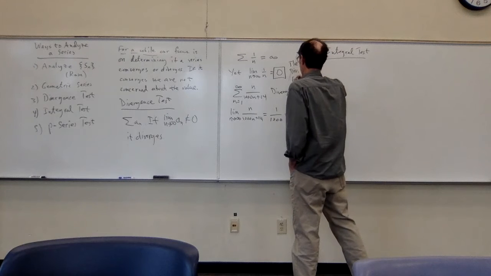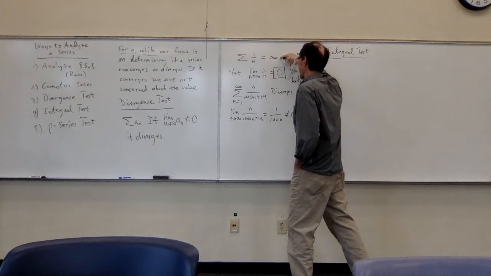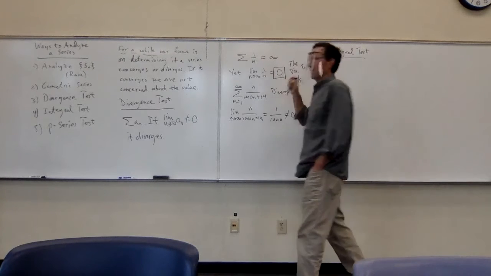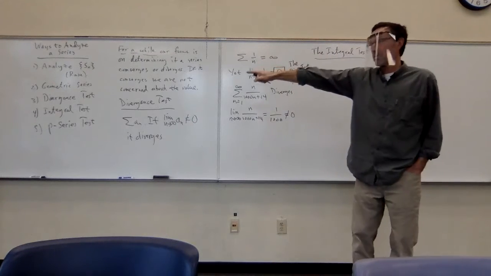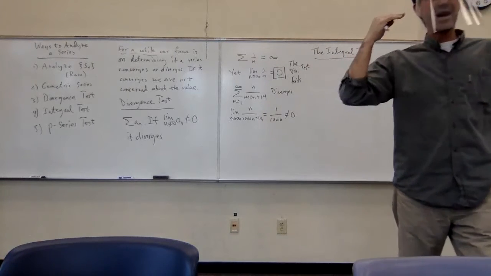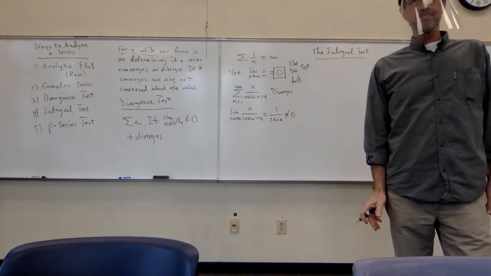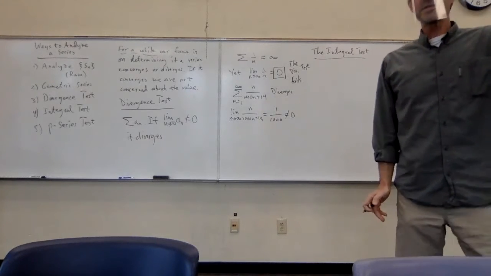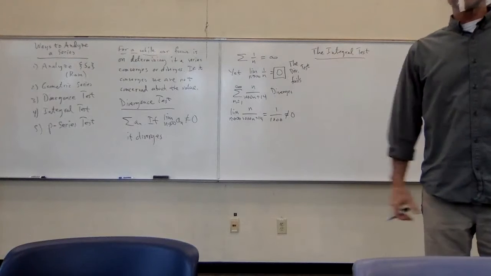It doesn't resolve the issue for us, because here is a series we know diverges, yet the terms go to zero. If the terms go to zero, we have not decided anything yet. We're going to go to our list and find another test to run. If the limit is not zero, we're done. It diverges. So some divergent series have terms whose limits go to zero, and the divergence test doesn't work in that case.